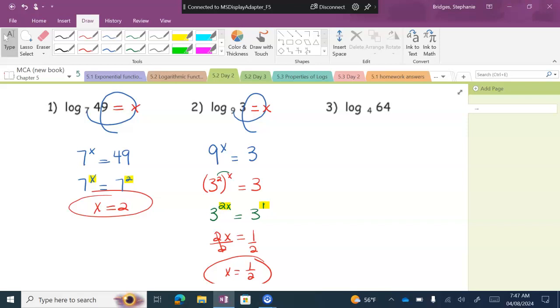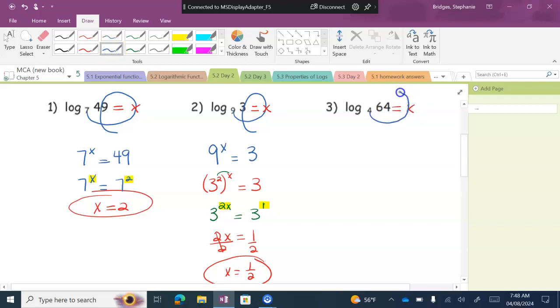So 64 could be rewritten as 4 to the... We did 4 times 4, that gave me 16, times 4 more, so that's 4 to the power. Set it equal to x.